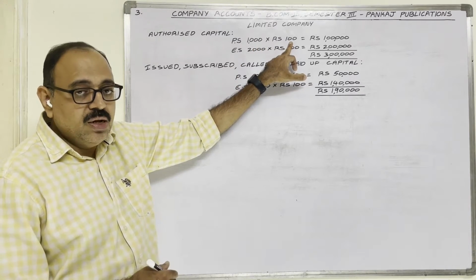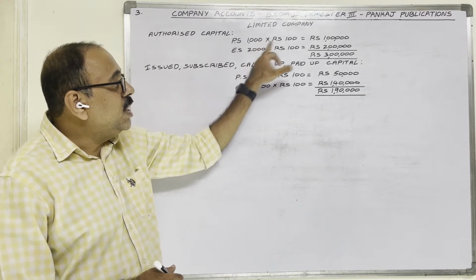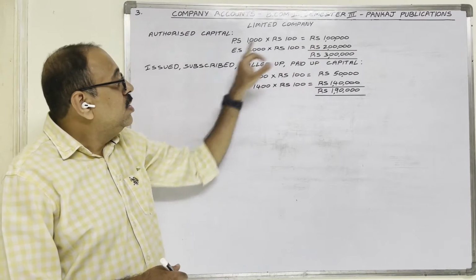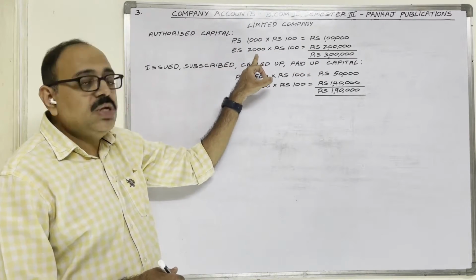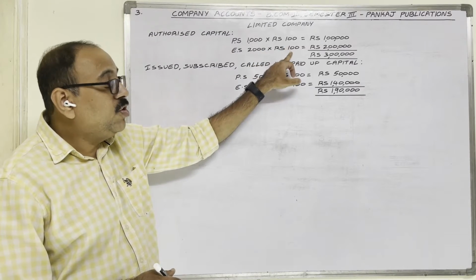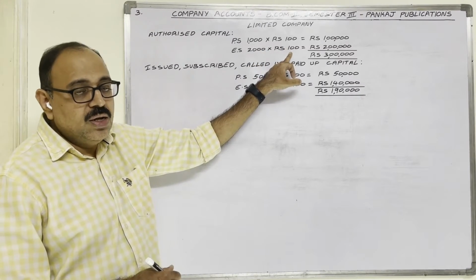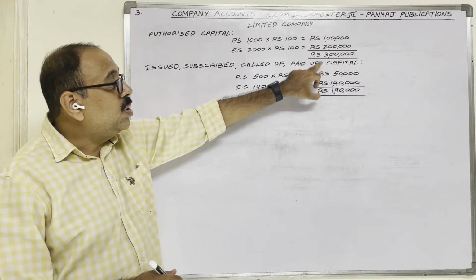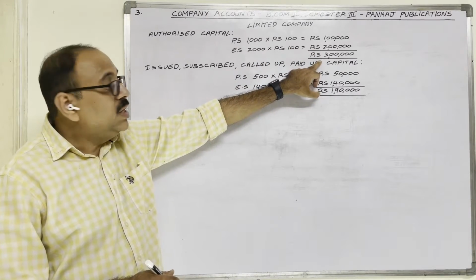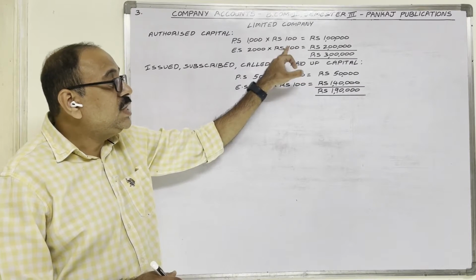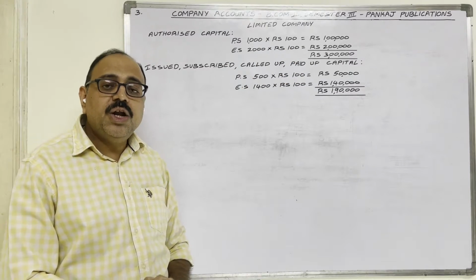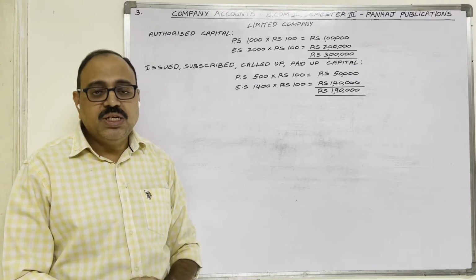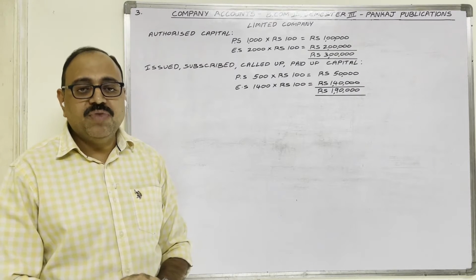So preference share capital is 1 lakh rupees. Equity shares, 2000 shares at the rate of 100 rupees each, so equity share amount is 2 lakh rupees. Total 3 lakh. Here one share price is 100 rupees. This 100 rupees is known as the face value or par value of the share.